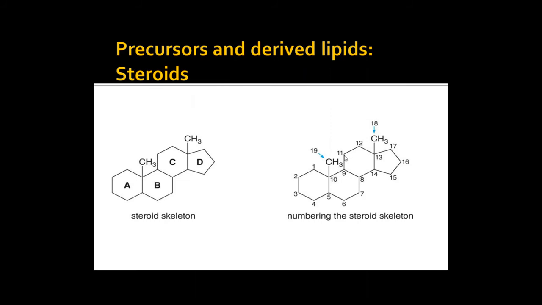Here is the 11th carbon, 12th, 13, 14, 15, 16, 17. Then the methyl carbon attached with carbon 13 is numbered carbon 18, and another methyl group attached at carbon 10 is numbered carbon 19.